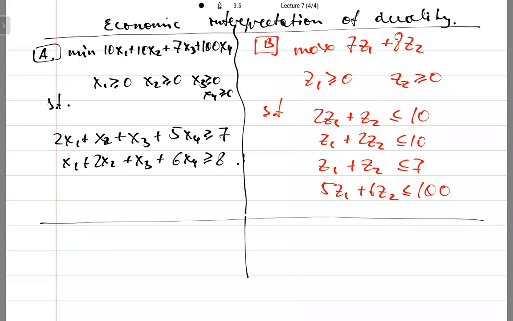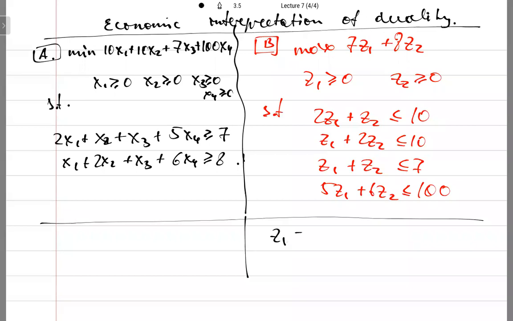So imagine that Robinson Crusoe produces guns and flowers.